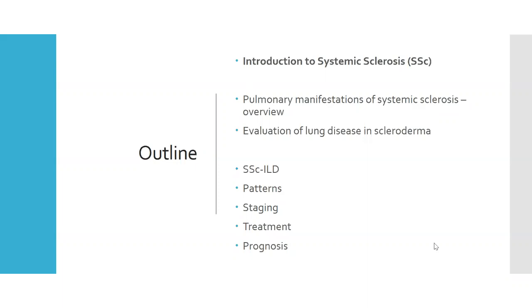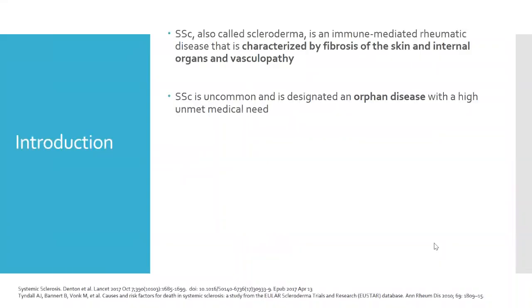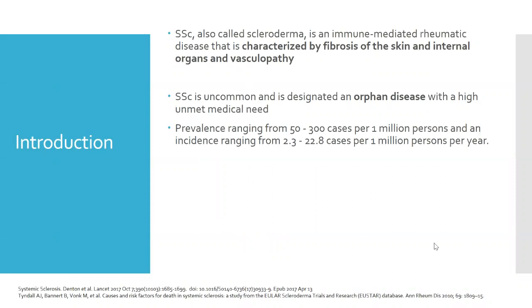We'll go through the etiopathogenesis, the different patterns, the staging, and then the big focus will be on treatment of scleroderma-associated ILD. There's been quite a few new therapies and significant changes in this realm, so we'll be spending quite a bit of time on treatment.